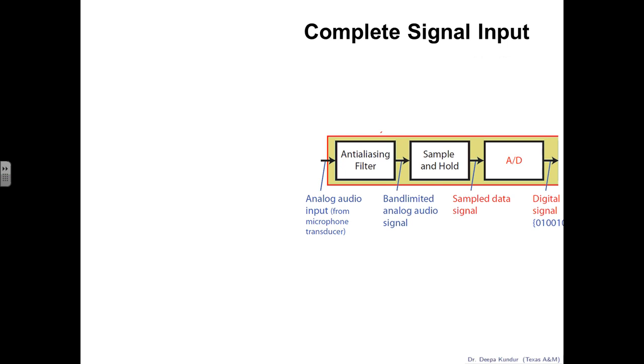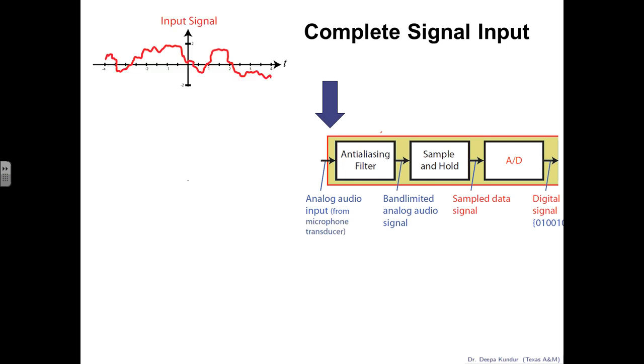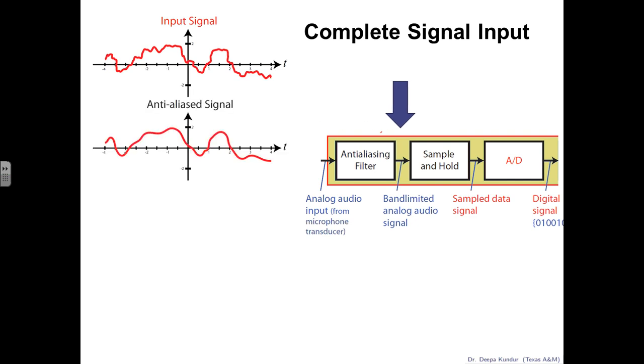Now let's look at what the signal looks like going through some of the stages of analog to digital conversion and sampling. So if we have an input signal, maybe carrying a little bit of noise on it, we run that through our anti-aliasing filter. The anti-aliasing filter is a low-pass filter, and so it's a smoothing filter that eliminates some of the high-frequency variation in the signal.